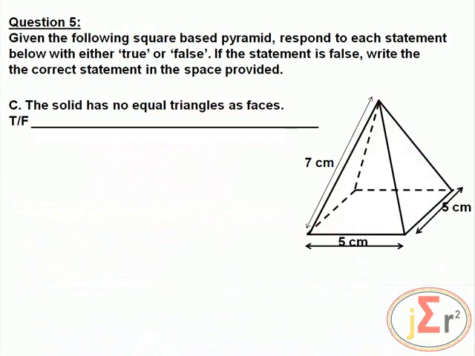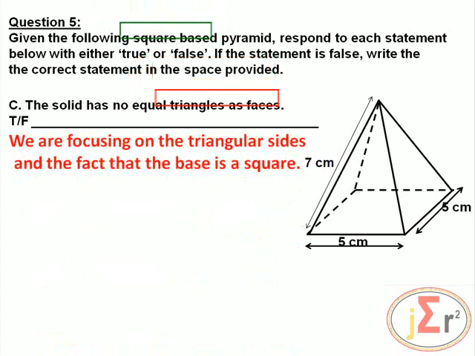But we still have not answered the question or responded to the request. The solid has no equal triangles as faces, but we have already identified the triangles. We need to take a look at if they are equal or not. So we need to know the length of each side of the triangle.